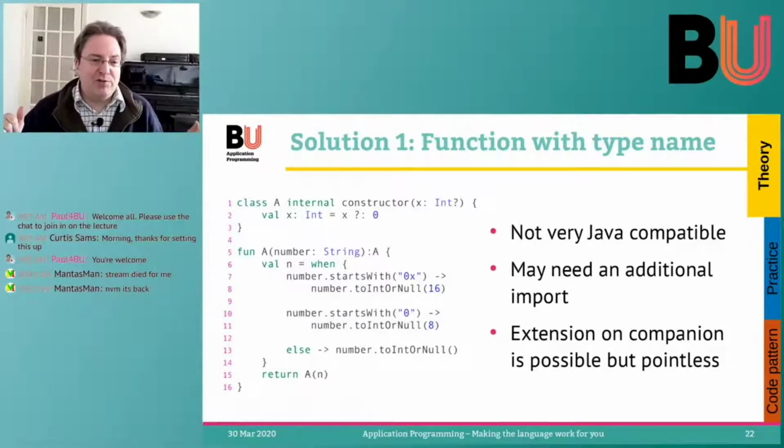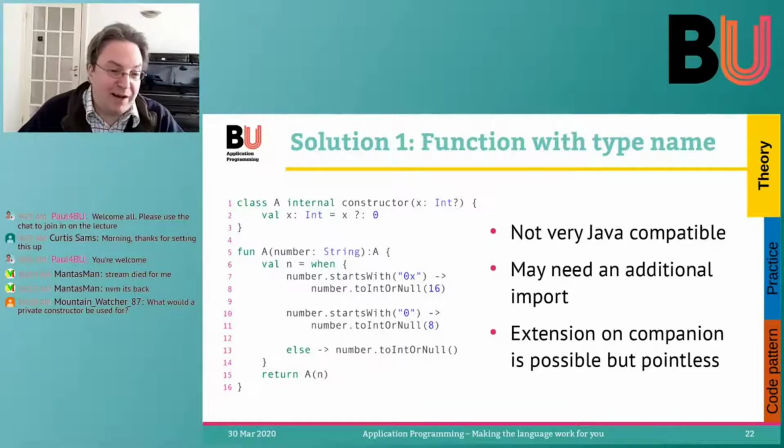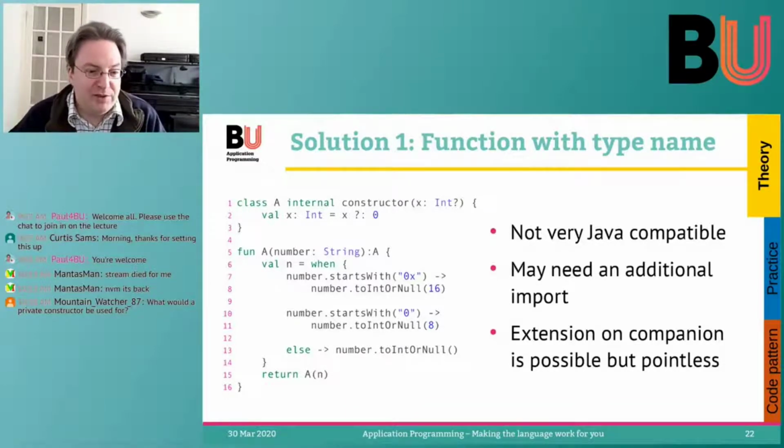In a way, we would want a file visibility, where we can have a private class, and then the function A would be able to see the private class because that's private to the file. If we make it a private constructor, that would be private to the class rather than to the file. So we need it to be internal in this case. Yes, some more visibilities would be nice.